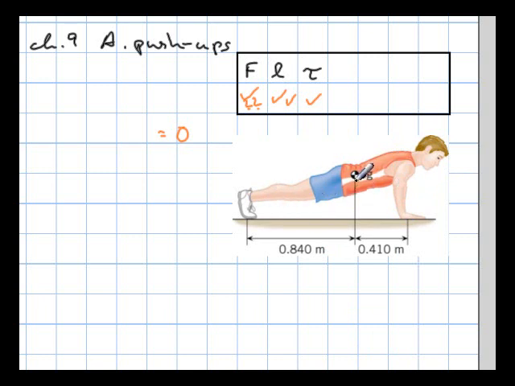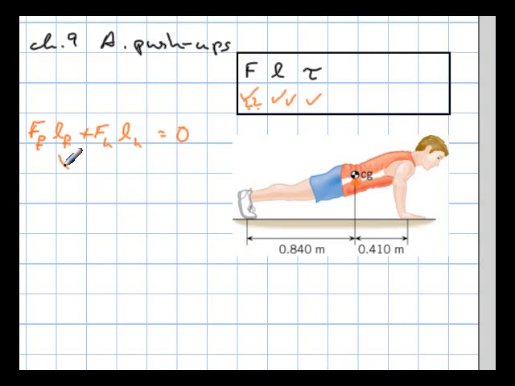I just decided to use the center of gravity as the axis, and therefore I have the force exerted by the feet times the lever arm for the feet from the center of gravity, plus the force for the hands times the lever arm from the hands to the center of gravity.